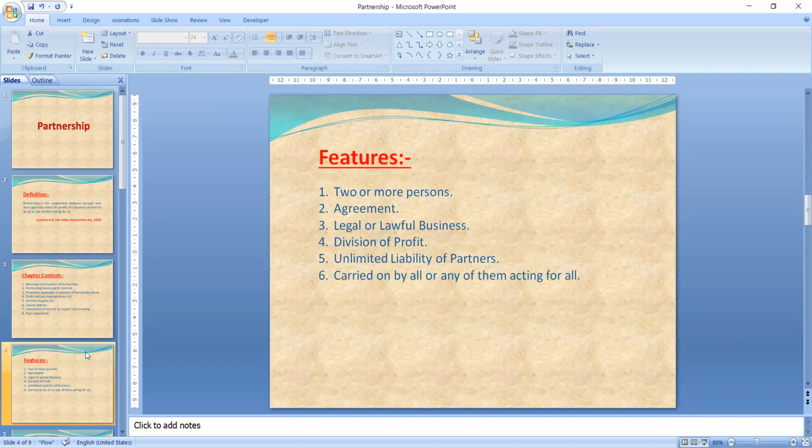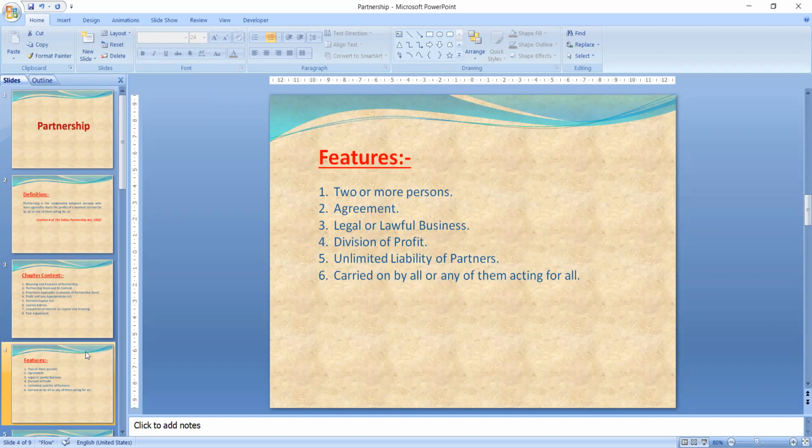When you understand the definition of something, then you also know the maximum number of features of that thing. So we already understood the definition of partnership, so we have an understanding of features.